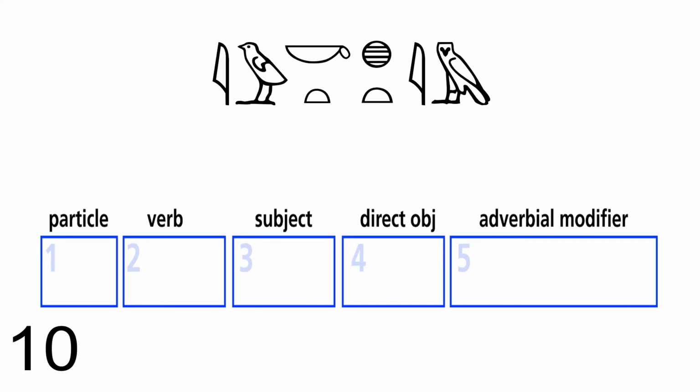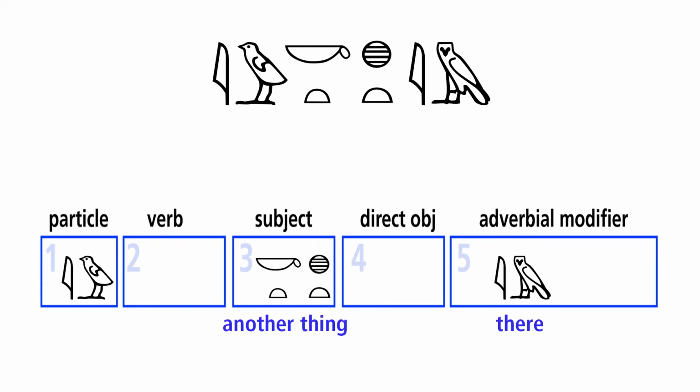Sentence 3. Iw kt xt im. Okay. This one is a little different than the other adverbial sentences so far. The particle is in slot 1, no verbs in slot 2.